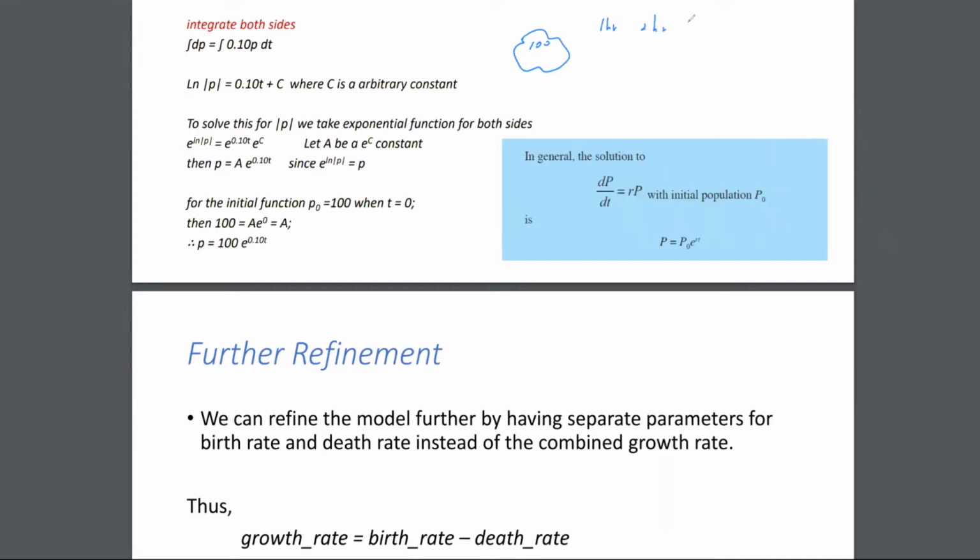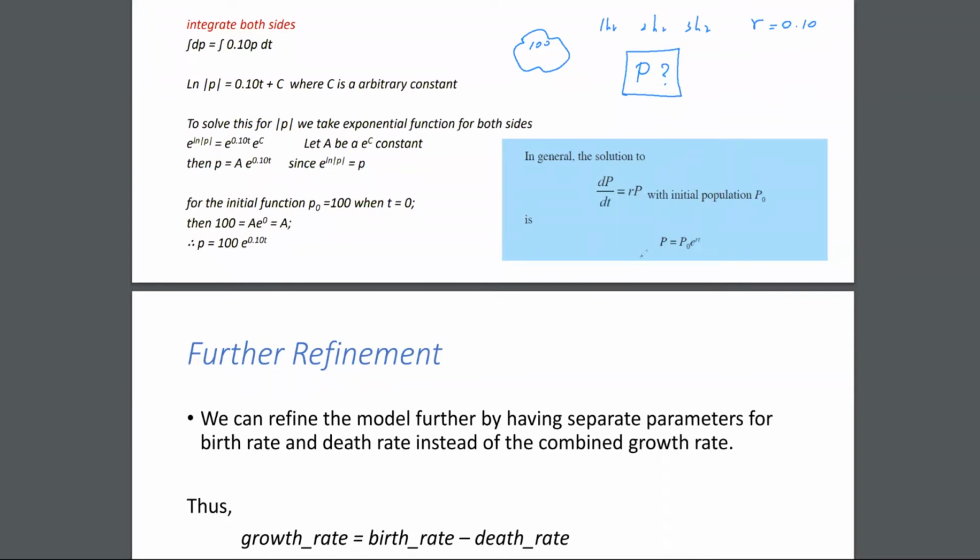Each hour we measure this, and we see that there's a rate R, which is 0.10. After some hours, we calculate how much total population we have. That's what we calculated, and then we came up with some value.